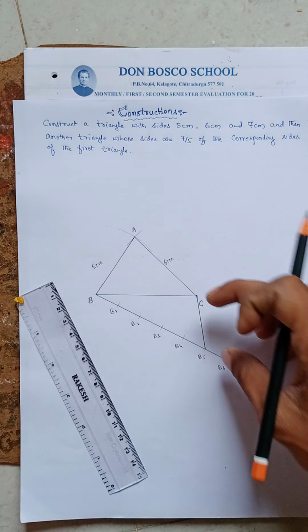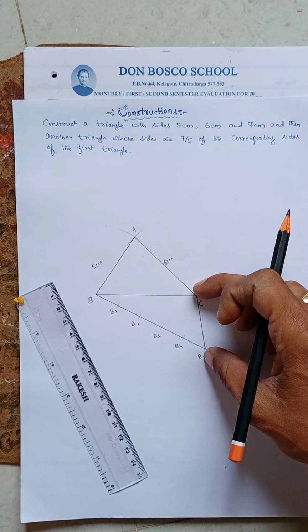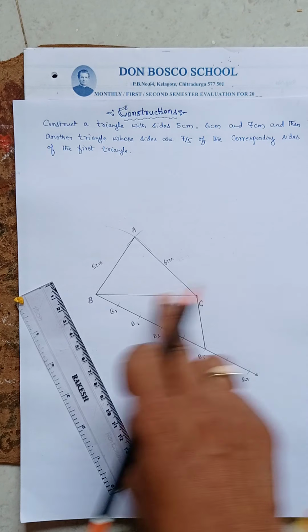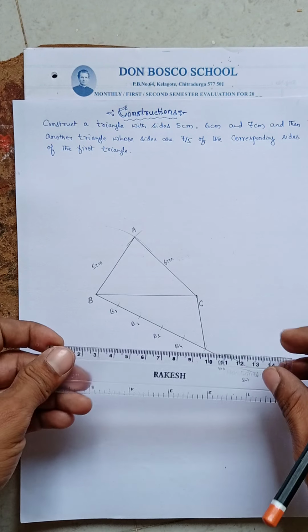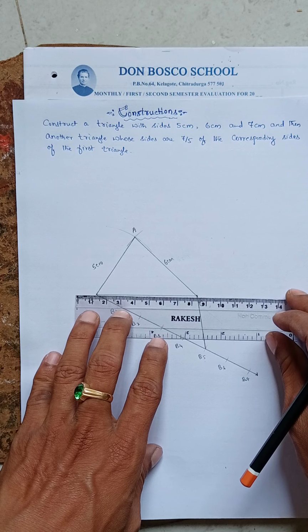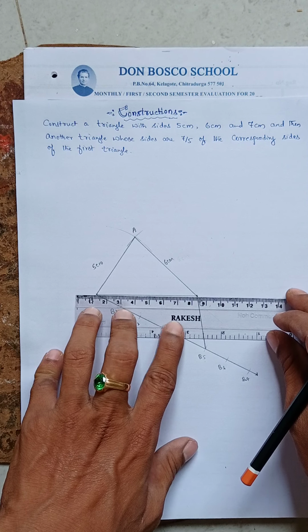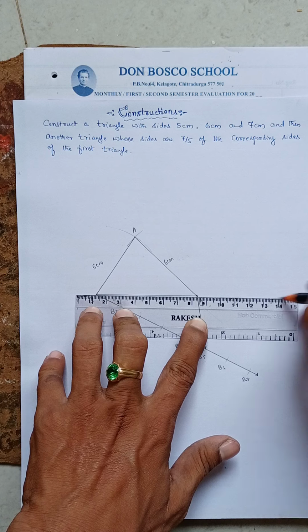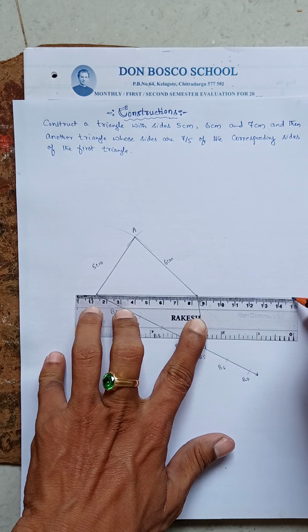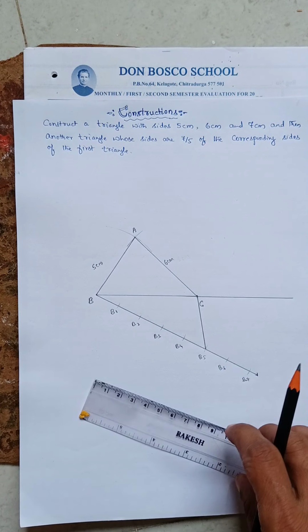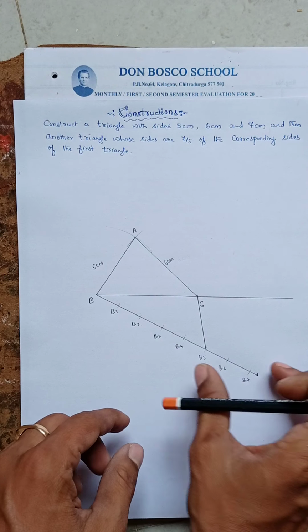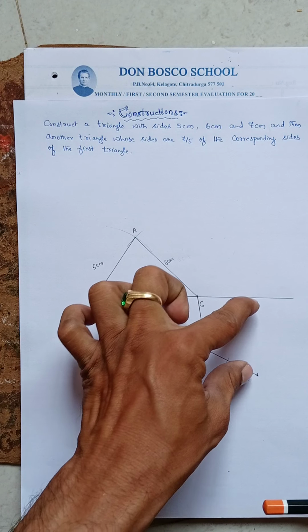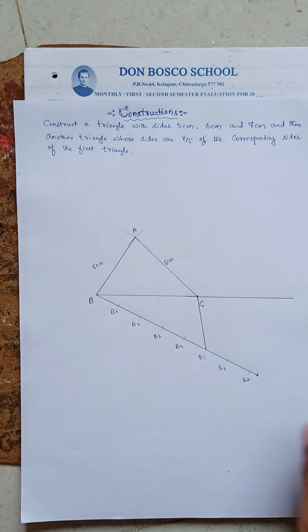Now to draw a parallel line to this, you have to extend BC here. Just extend BC here. Okay. Now we have to draw exactly parallel to this. So with B7 here, I am going to take an acute angle.